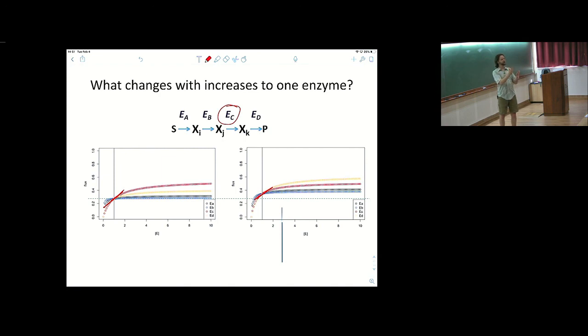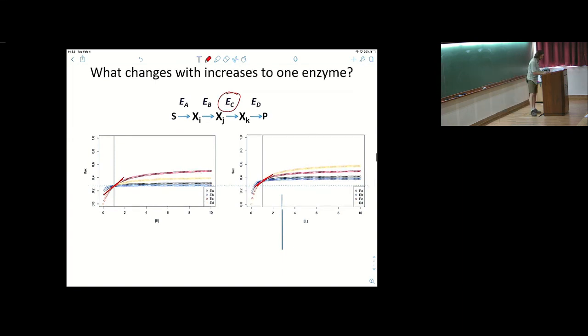If I go from 1x to 2x, I'd get a change. But if I now go from like 2x to 4x, I actually don't get as much, even though it's a larger change in enzyme. Even though the proportional amount was still a doubling of enzyme, I don't get as much bang for the buck anymore. And so with multiple mutations in the same enzyme, you're going to see diminishing returns.